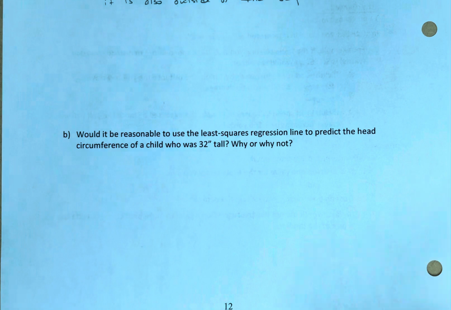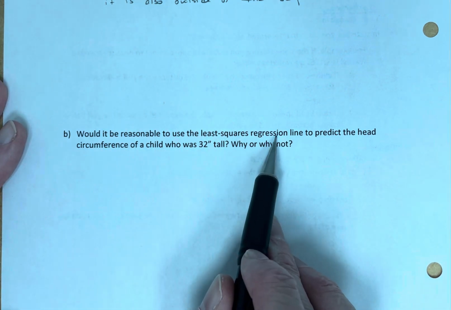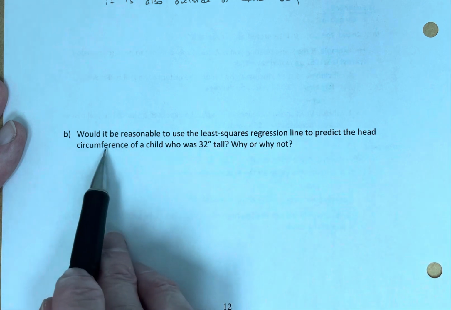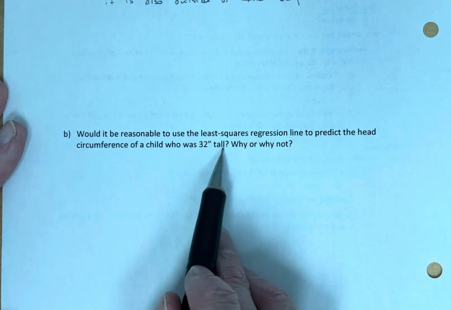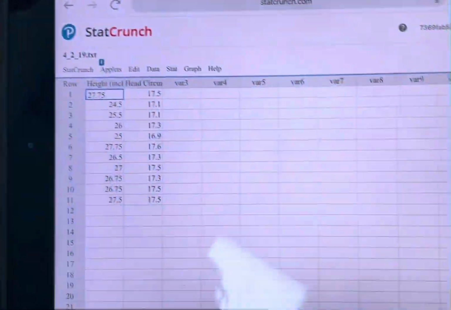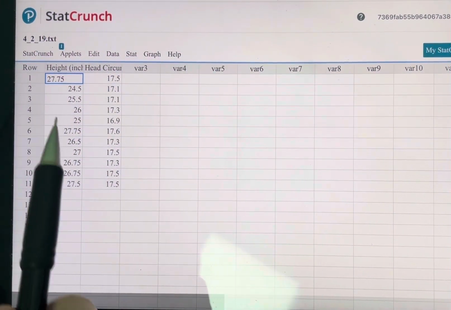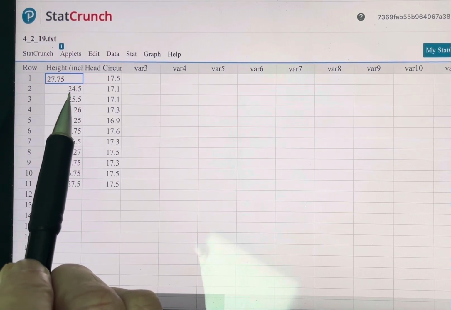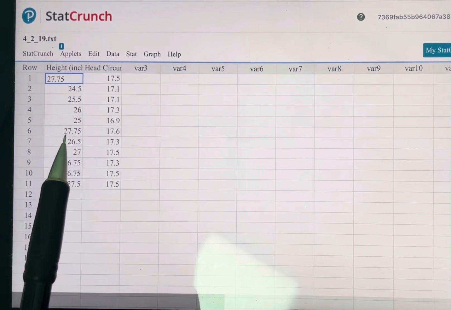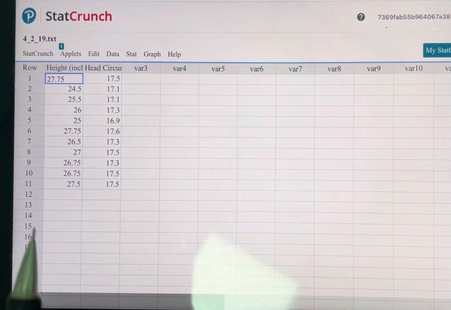Okay, part B here. Would it be reasonable to use the least squares regression line to predict the head circumference of a child who is 32 inches tall? Why or why not? Well, let's take a look at what our model is based on. Our model is based on children whose heights are between 24.5 inches and 27.75 inches. 32 is outside of the scope of this model.